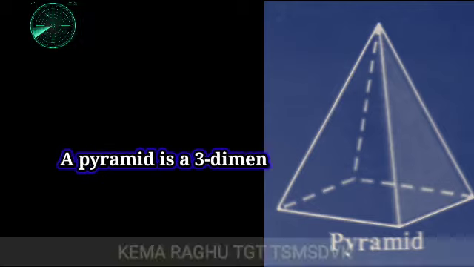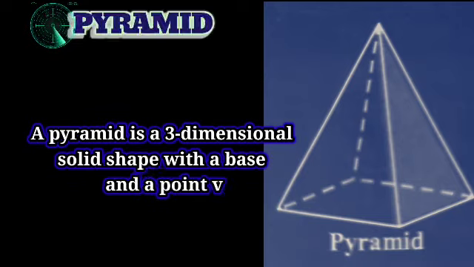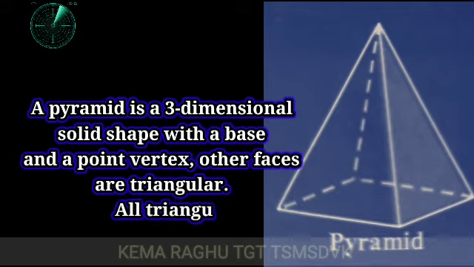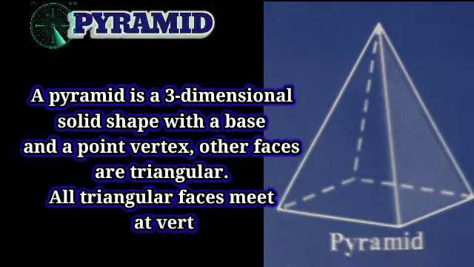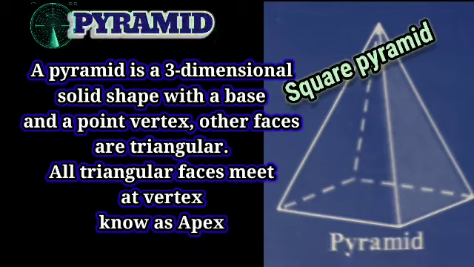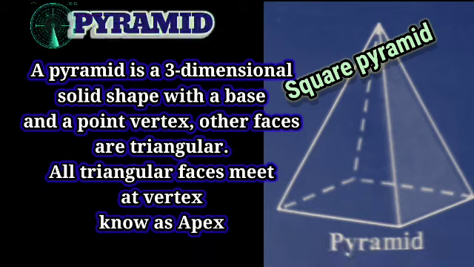Pyramid. As you can see, a pyramid has a base and its faces are triangles which meet at one point. A pyramid is a three-dimensional solid with a base and a point vertex. Other faces are triangular. All these triangular faces meet at a vertex, which we call the apex, and here its base is square, so it is called a square pyramid.